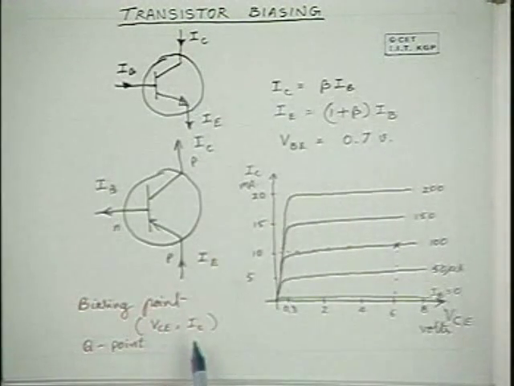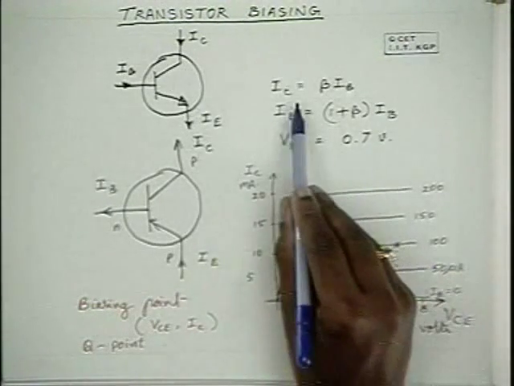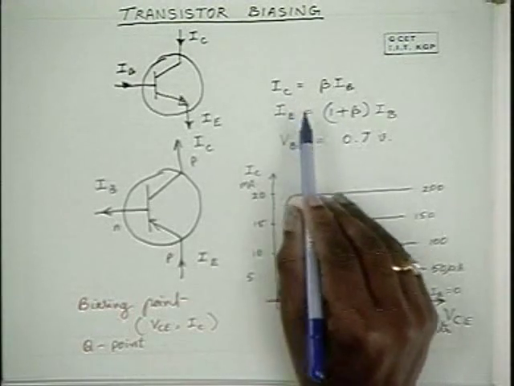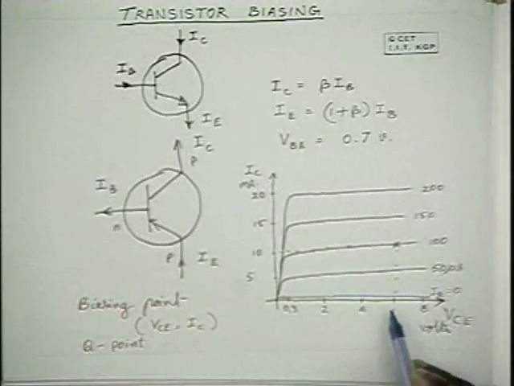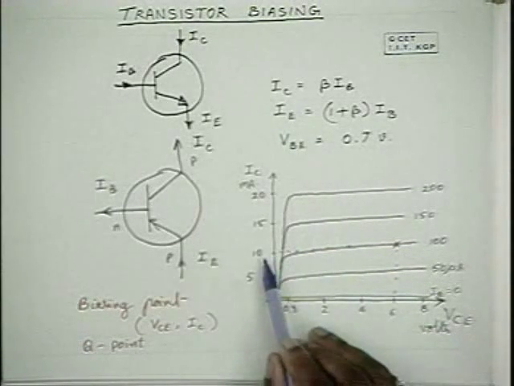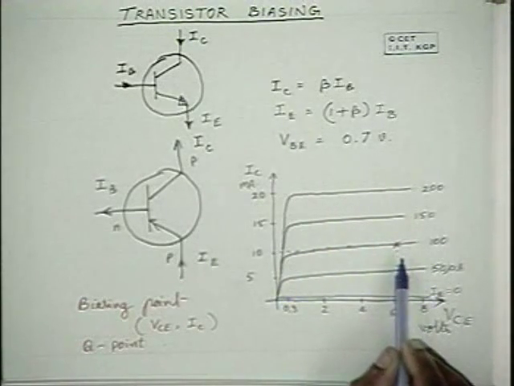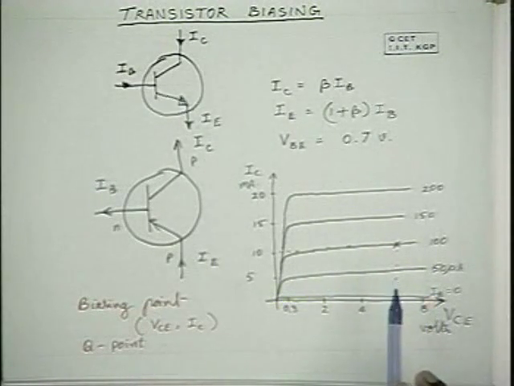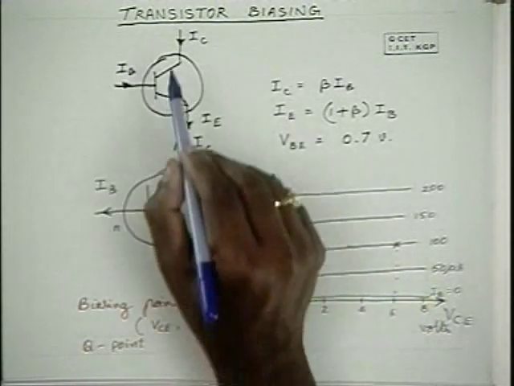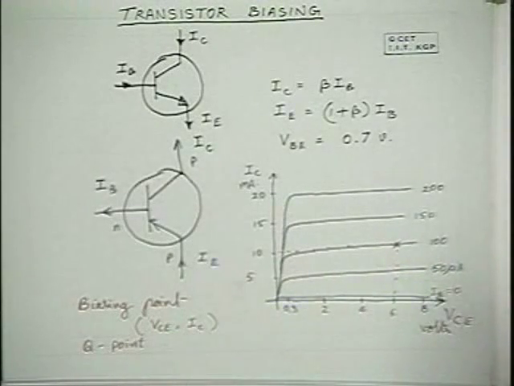And specifying VCE and IC is good enough, because given beta and given IC, you know how much is IB. IB is IC by beta. And given VCE as about 6 volts and IC as something like 10 milliamperes, we know that this transistor is in the active region.